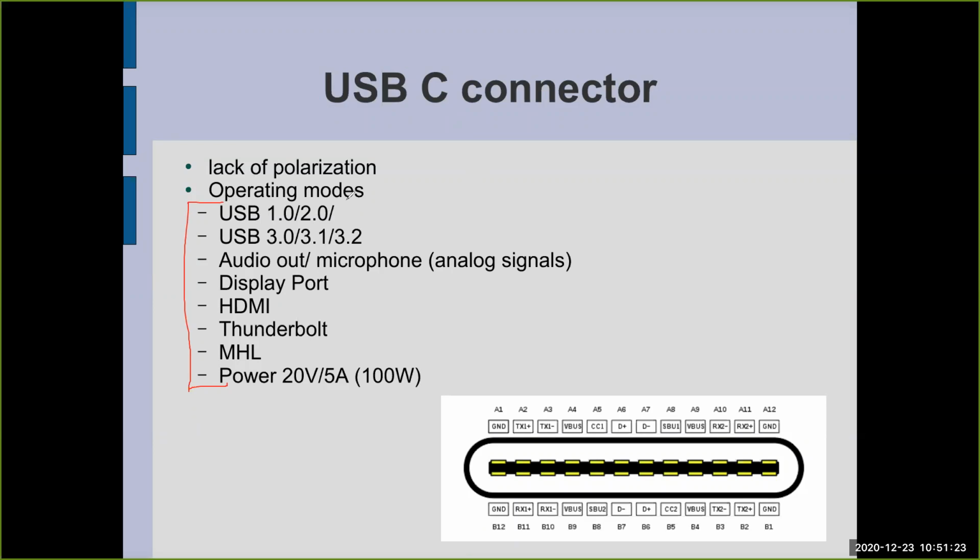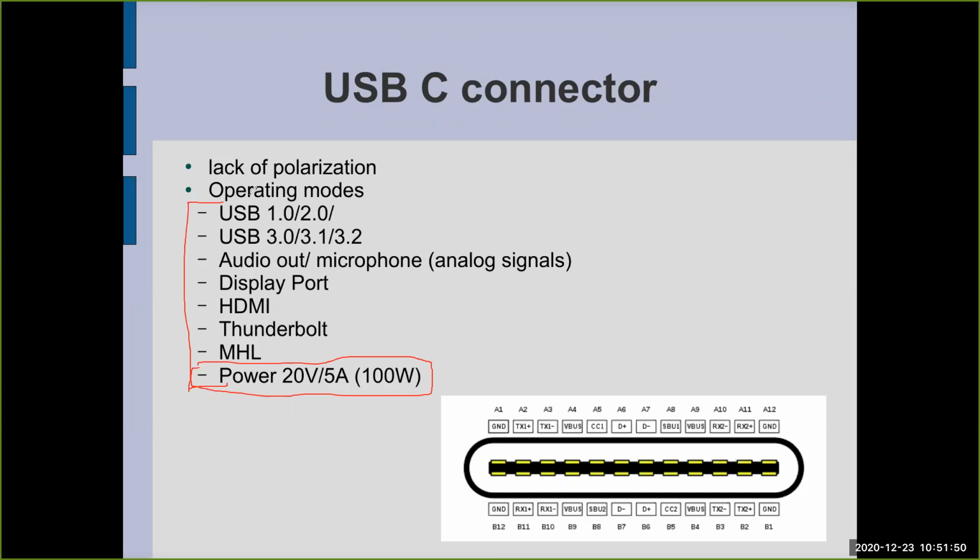But what is very important? The most important thing is that if we use USB-C, we are able to source up to 100 watts of power. So you are able to power every notebook, every device.